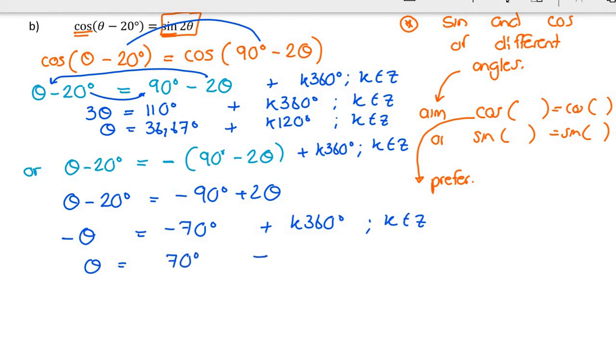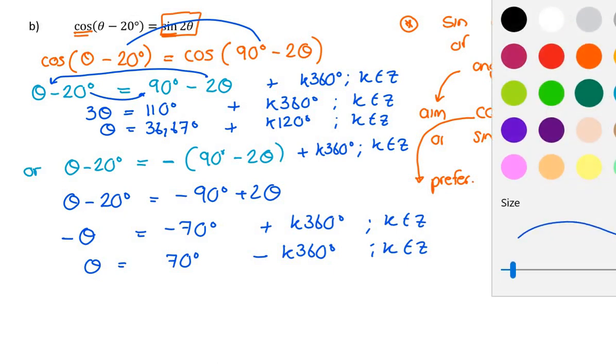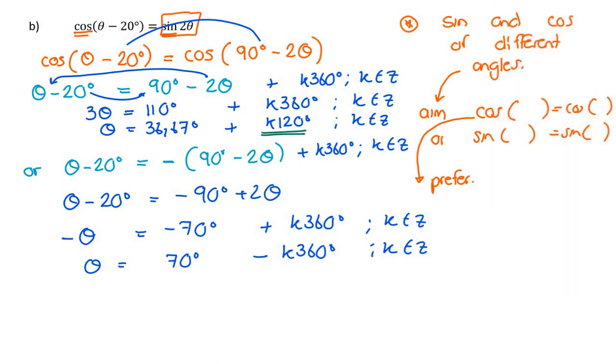Now technically if you divide by negative, that should now be minus K360. But the reality is it doesn't matter because that K is an integer, so it can be positive or negative. And so actually I land up with solutions which have different kinds of periods to them, in that this is plus K120 and this is still K360.